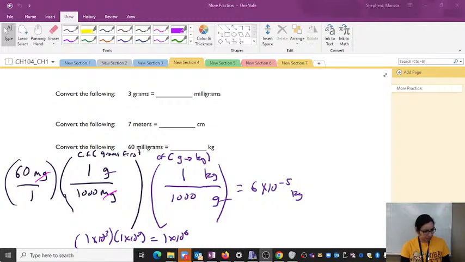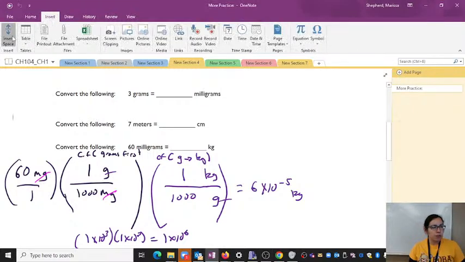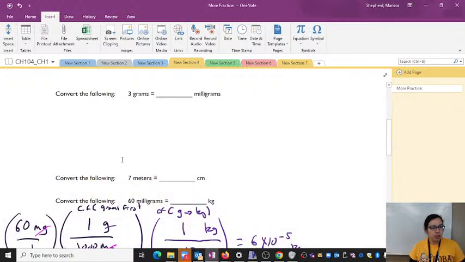Oops, uh-oh. Thought I lost my pen for a second. All right, what do we get for the first one? 3 grams to milligrams. 3,000. Oh, sorry, give me 1 second.